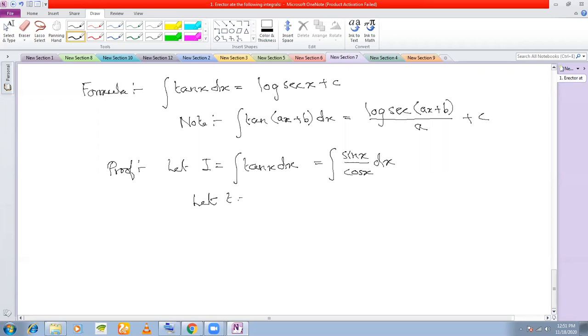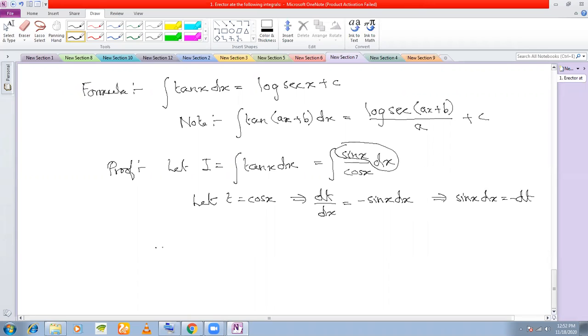So put t is equal to cos x. That means you get dt by dx is equal to minus sin x. That means sin x dx is minus dt.